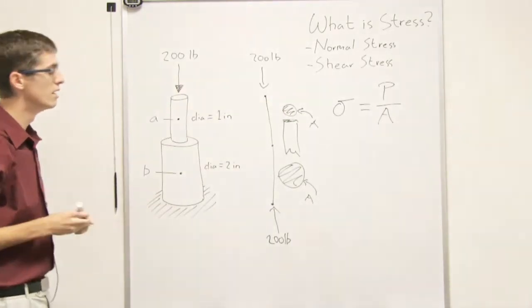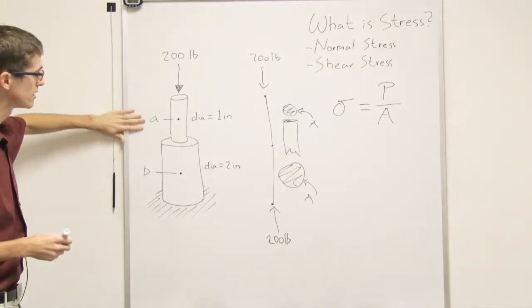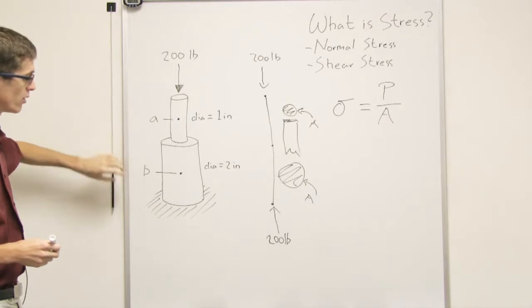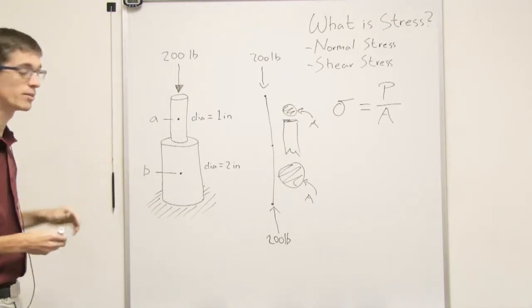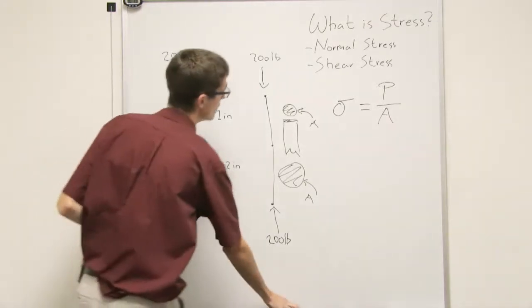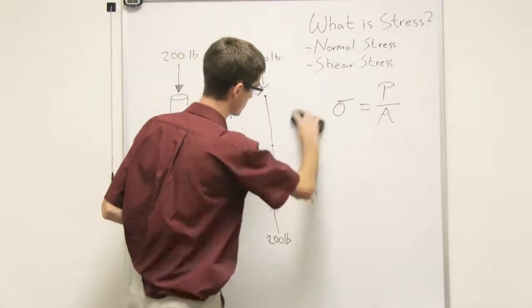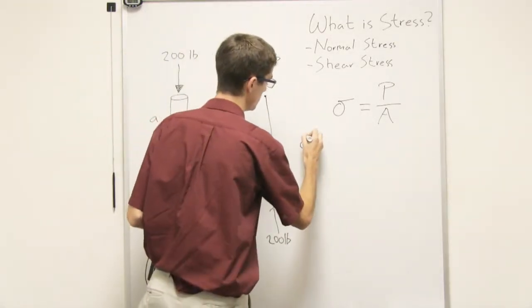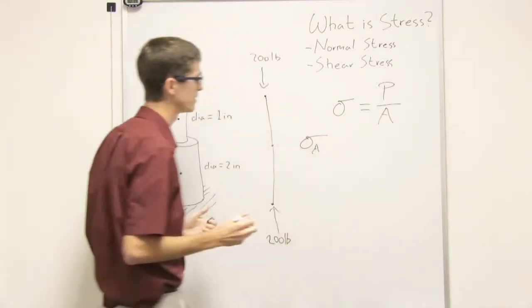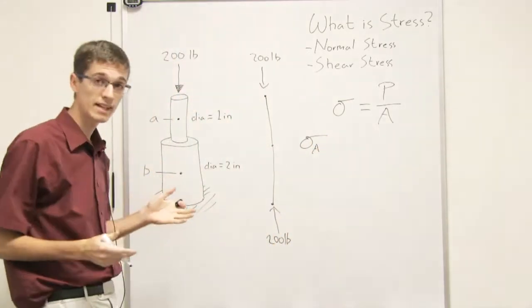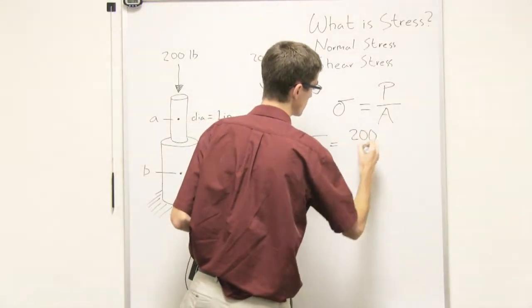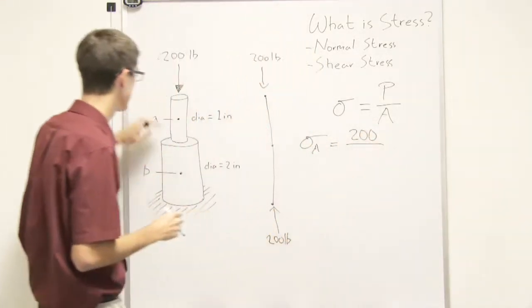I want to find out how much stress is going on at point A here, and how much stress is going on at point B. So let's do that real quick. We want to know what sigma, the stress, is at A. So 200 pounds divided by whatever this area is.